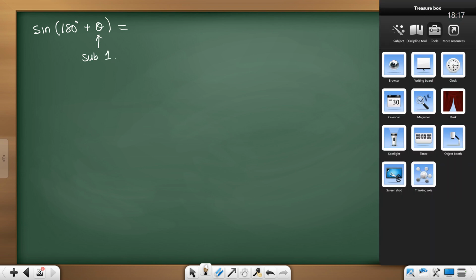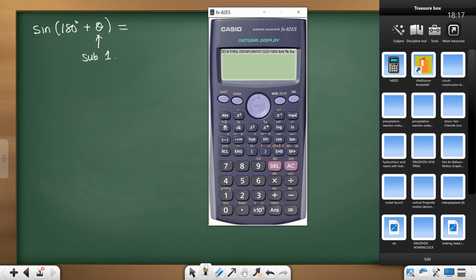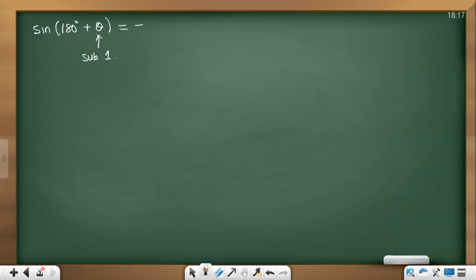So if I take a calculator, just 2 things. And with this, you become extremely sure. Sine. I know somebody is saying this is long. Oh, fine. What's my answer? Negative. Don't worry about the 0,000. We don't care. Negative. But what angle is in the bracket? 180. 180 is, check my page, it is what?